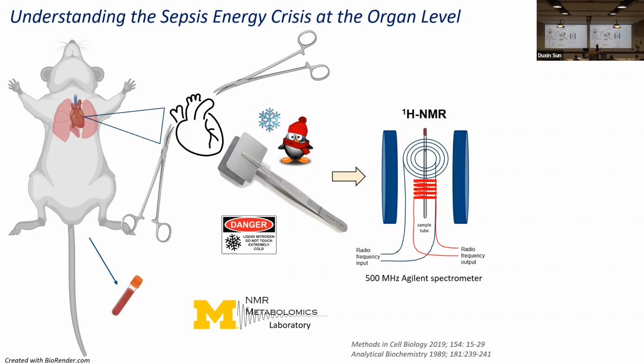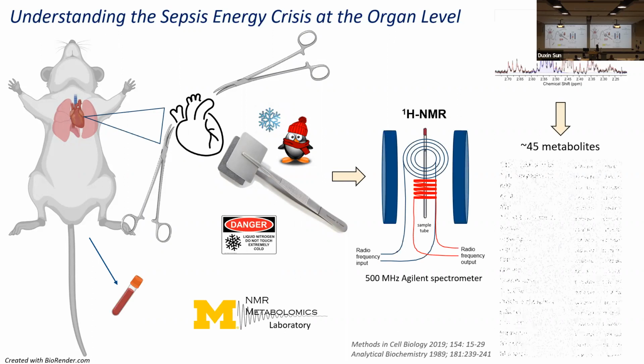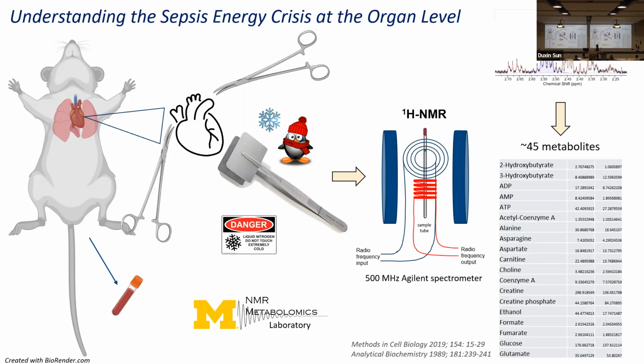And then we process that organ sample and we assay it by NMR, and we get about 45 metabolites. But the metabolites we get are of great interest to us. So we get a good read of the adenosine pool, we get acetyl-CoA. It's not on here due to space, but we get carnitine, acetylcarnitine.